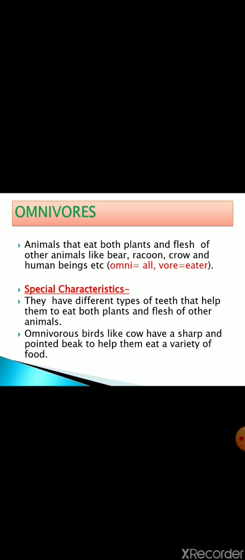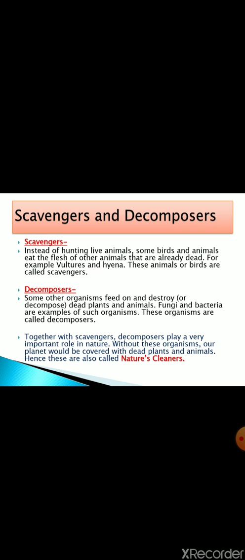Now, special characteristics: they have different types of teeth that help them to eat both plants and flesh of other animals. And omnivorous birds like crow have a sharp and pointed beak to help them eat a variety of food. Okay. Now, there is one more variety of organisms which are also eating other organisms.